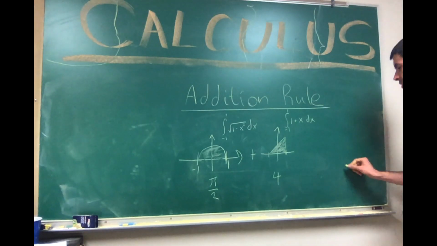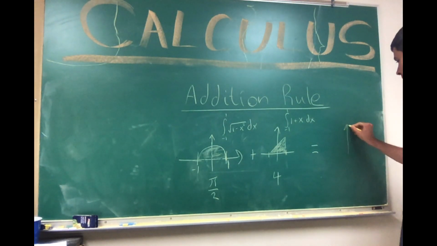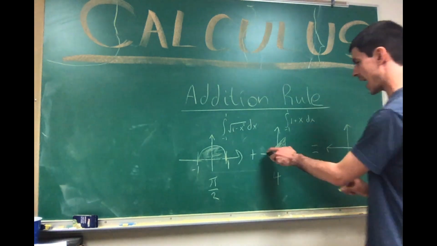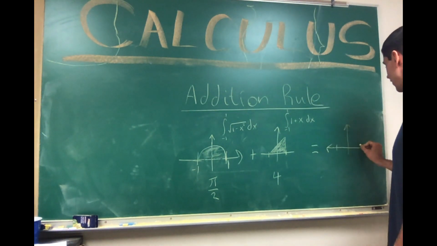So, everything I have so far, what am I getting at? This is Cavalieri's principle. What it allows us to do is, if we add this function to this function, we get something that might seem kind of wonky at first.